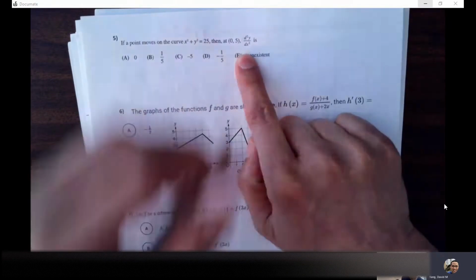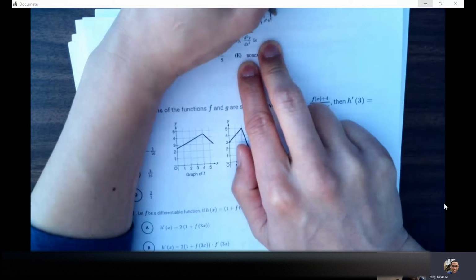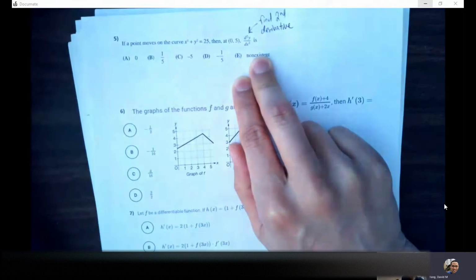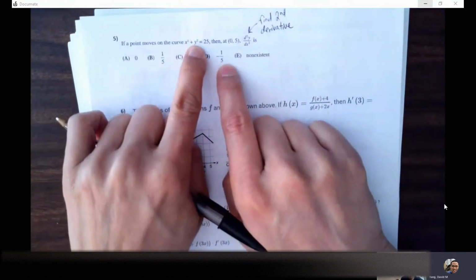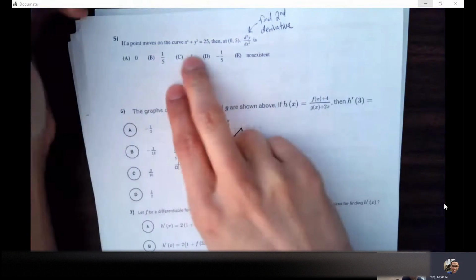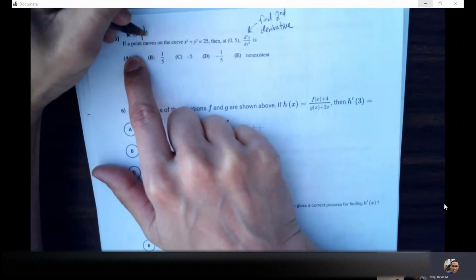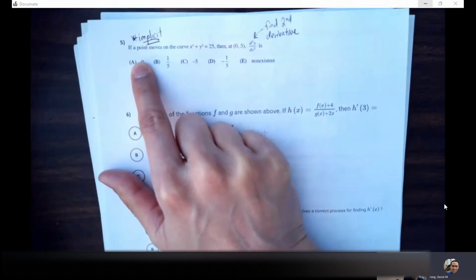So that's just a notation for us to find the second derivative. If I want to find the derivative where I have y mixed into my equation, I know I have to involve implicit differentiation. So we know we're going to be expecting some dy dx's along the way.